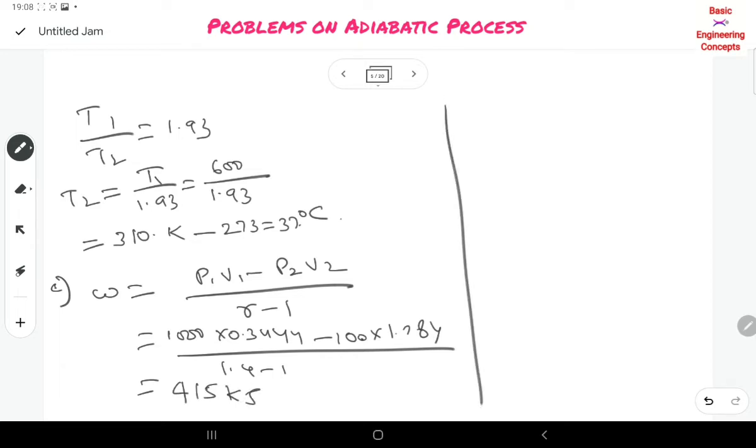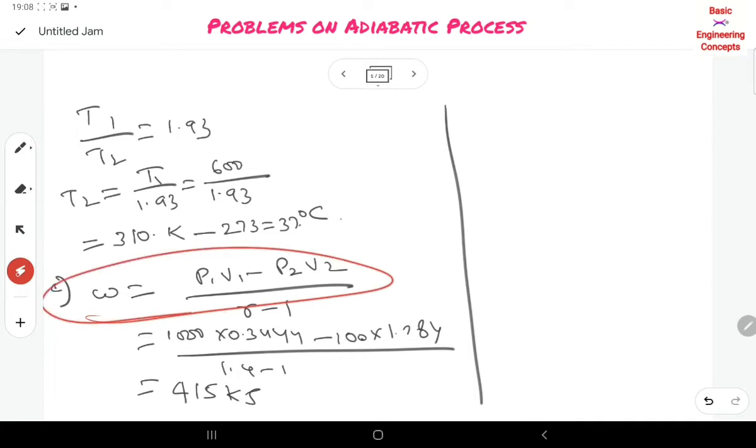So the third bit is the straightforward one. Everything is available; some of the data is directly given, and some we determined, that is V2.